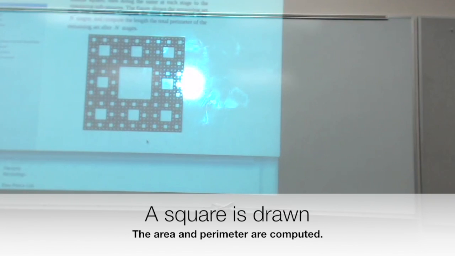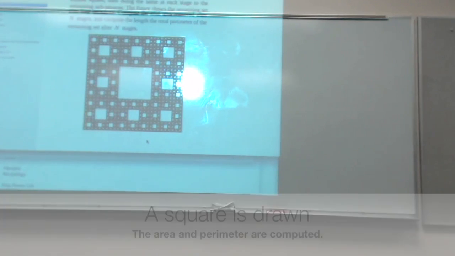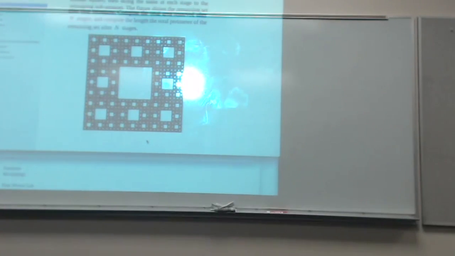So I'm just going to call it a 1 by 1. The area at stage 1 is 1. So instead of writing A equals 1, I'm going to say the area A sub 1 is 1.